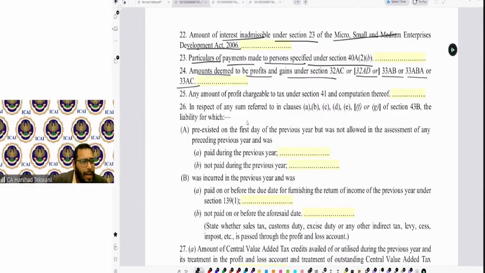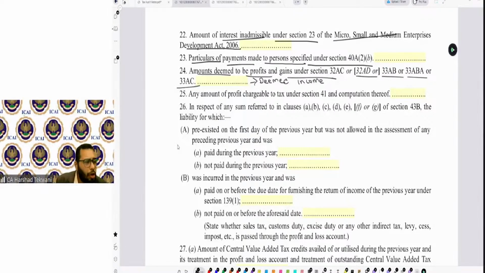So when I talk about profits and gains, we are talking about deemed income. For these deemed incomes, we are required to verify first whether any deduction was taken earlier, and second, whether the conditions in these sections are complied with, and accordingly report upon the amount deemed to be profits and gains.